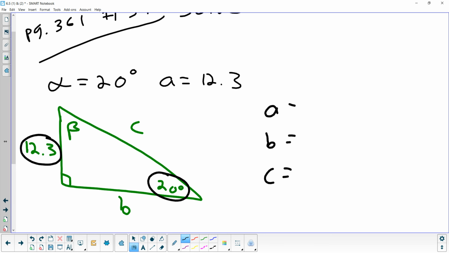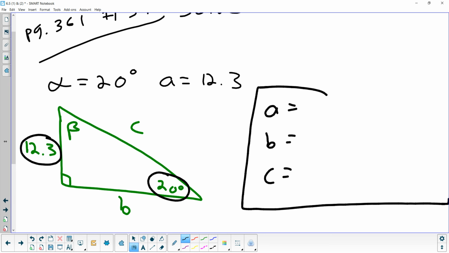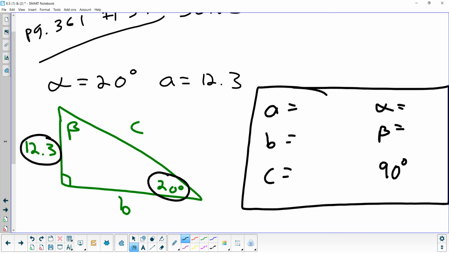This is just giving us a spot to put all our answers in one nice area. Every table is going to look just like that, until we get to problems where we don't have a 90, but that's not this week.